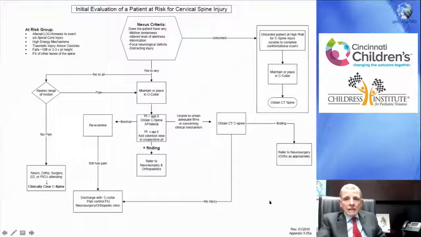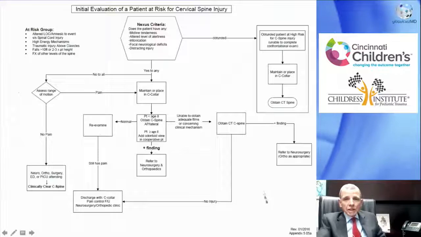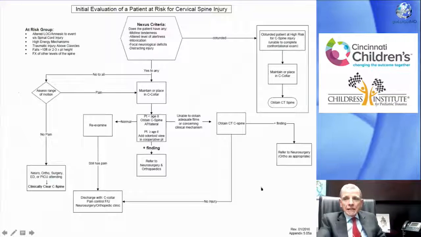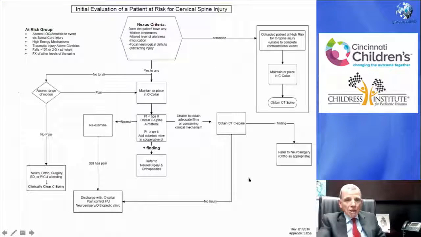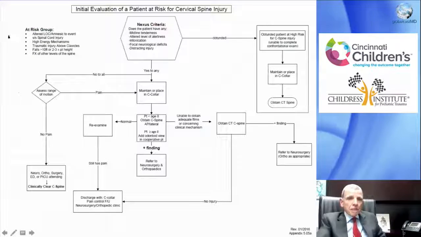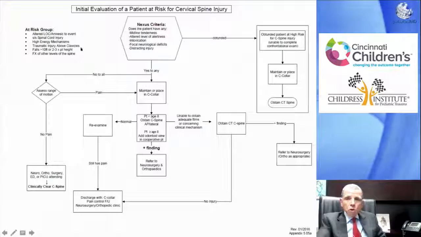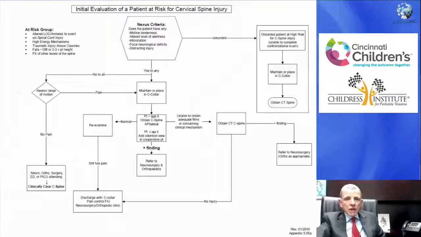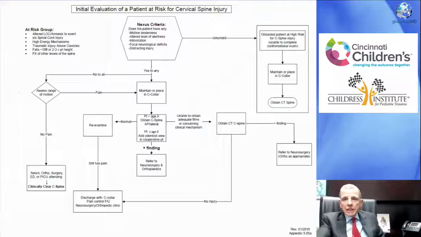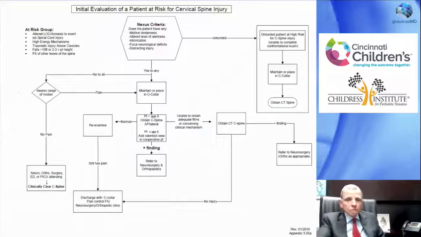So this is our C-spine clearance protocol. I expect everybody in the audience and all the panelists have similar box and arrow diagrams at their institution. We start out with the Nexus criteria. Patients who are obtunded generally get C-spine CT scans. There is some wiggle room here for judgment about severity of mechanism of injury and general suspicion, but children who are obtunded do get CT scans.